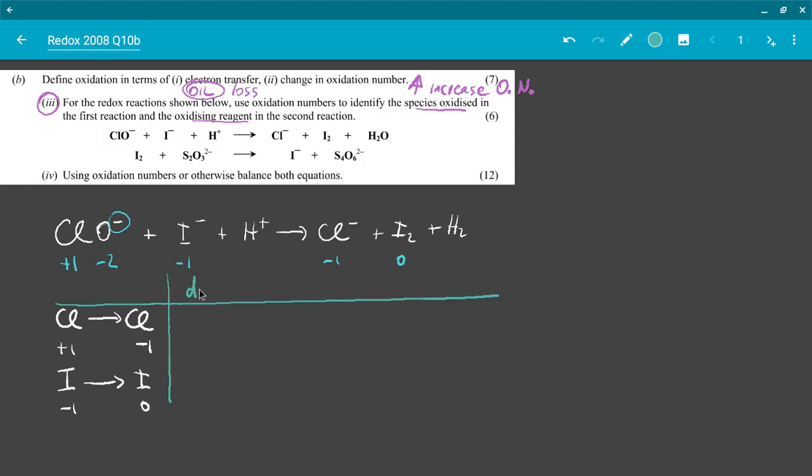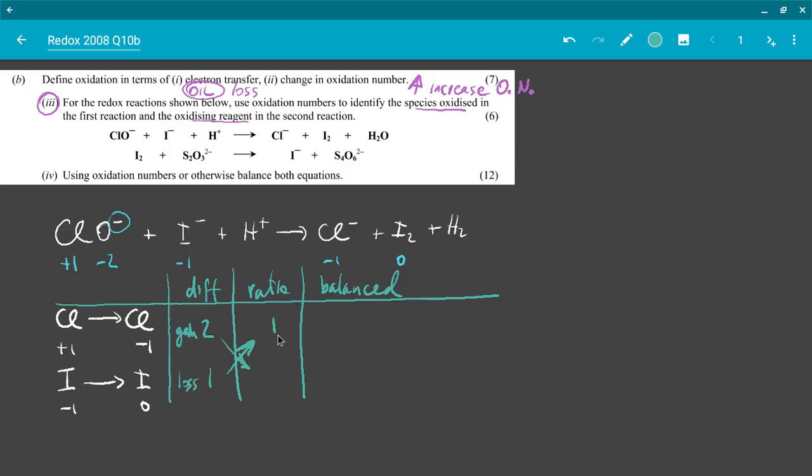So I'm going to look at the difference, get a ratio, and then make sure we're balanced. Chlorine has a gain of 2 electrons, and iodine going from -1 to 0 is a loss of 1 electron.